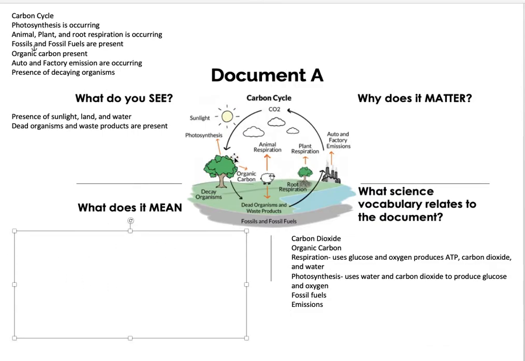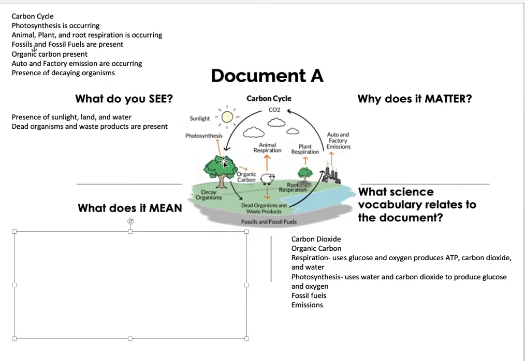Well, if we look at the diagram here, the document, we can see that this is an arrow. Carbon dioxide is clearly cycling through the trees. It's going into the trees. It's being used up. Carbon dioxide is being used up to produce glucose. Okay, and glucose has that organic carbon that your animal is going to take in to carry out respiration.